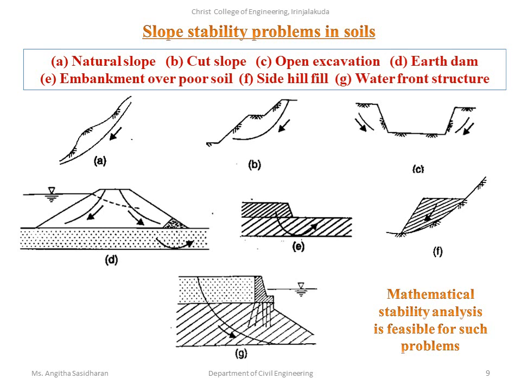So what are the slope stability problems in soils? You can observe the figure. Natural slope, there may be a stability problem in such a soil. Then cut slopes, if you have made some cuts along the slope, that may bring a stability problem.